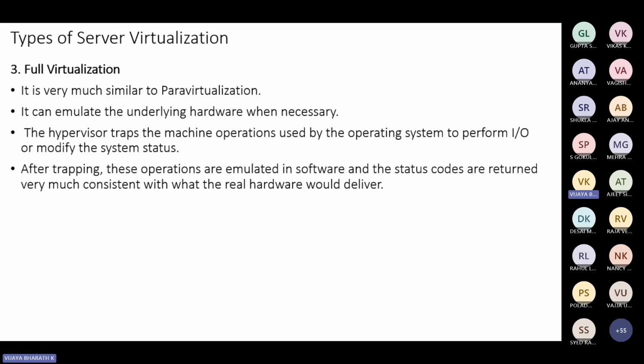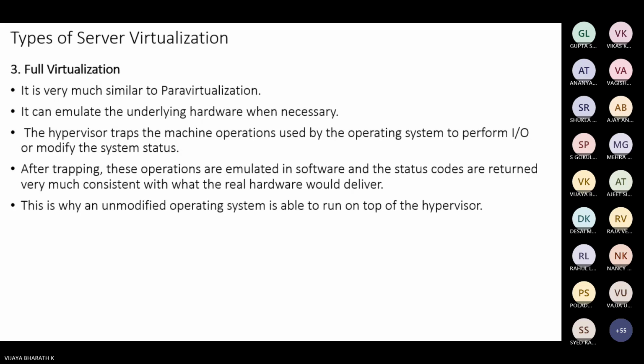So instead of directly getting concurrence from the hardware, it takes control over it, like a virtualization infrastructure. This is the only reason why an unmodified operating system is able to run on top of the hypervisor.